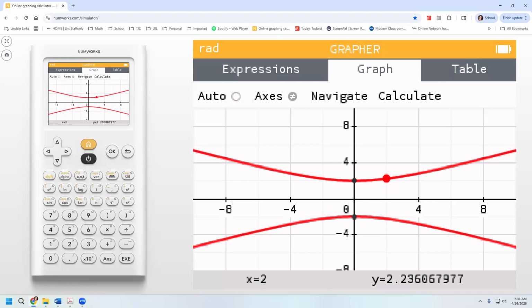This one has x squared in front, so it opens left and right. C squared equals a squared plus b squared. So C is the square root of 13. We were opening left and right, so we're moving left and right. Tomorrow, we're going to be looking at the transformations of this.